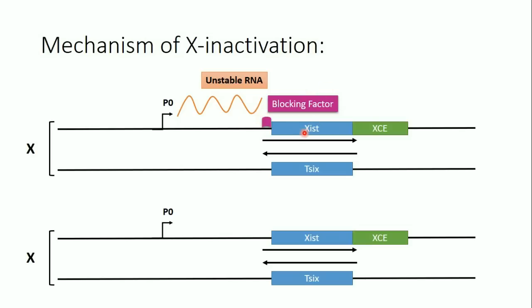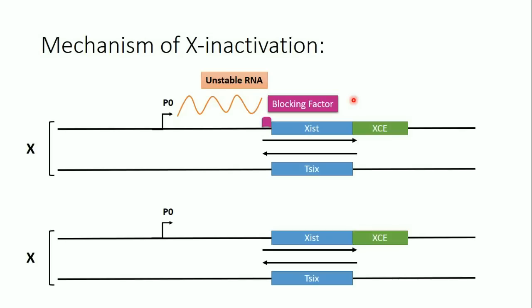The blocking factor blocks the XIST, and when the XIST is blocked, then this chromosome cannot be inactivated anymore. Why does the blocking factor block only one chromosome?